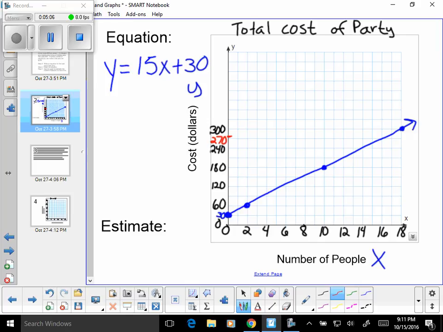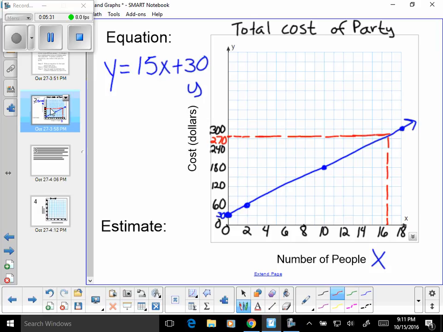So what I'm going to do is, and you can use a ruler, you can carefully mark over to where it connects up with the line, and then bring it down.